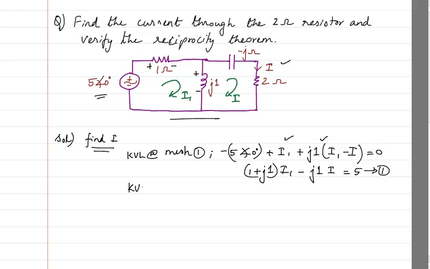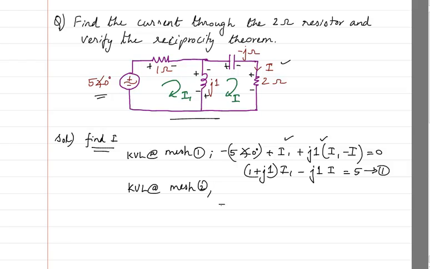Similarly, I can go for KVL at mesh 2. As you can see here, for this one it will be plus here, minus here, plus here, minus here, plus here, minus here. Since there is no voltage source, I will go from the back of the element.